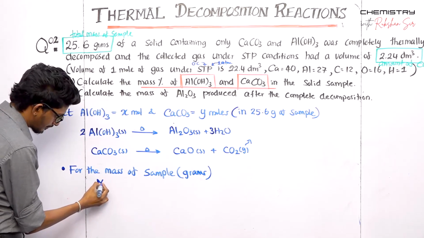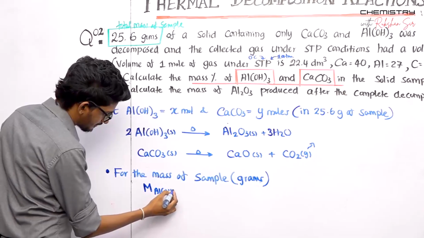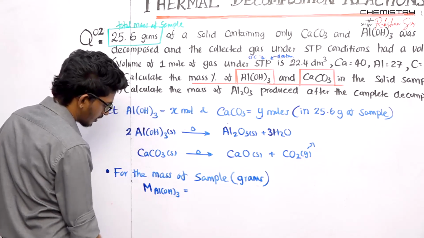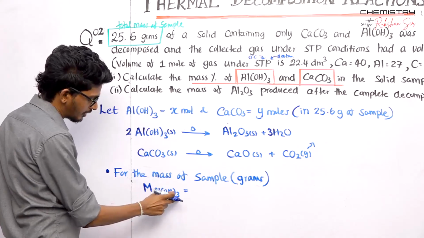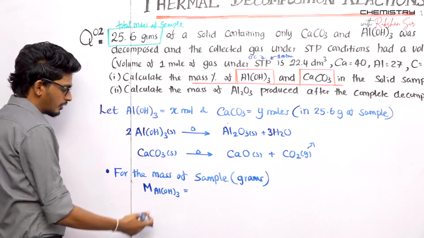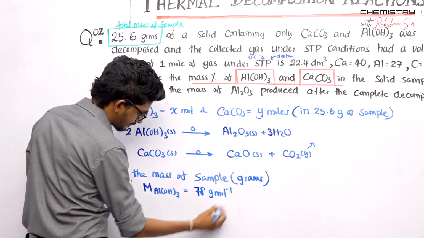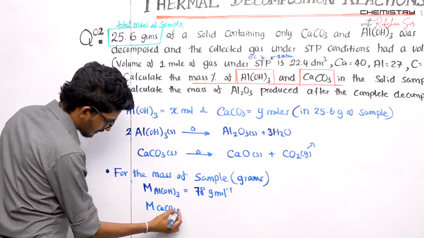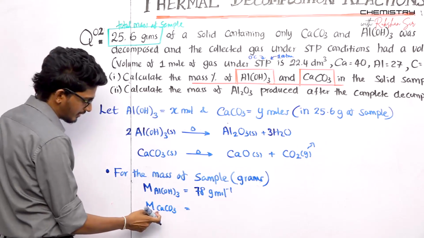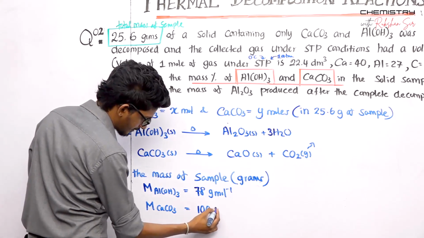The molar mass of aluminum hydroxide: you have 27 plus 16 plus 17 into 3 which is 51, so it is 78. What about the calcium carbonate? Very common value: 40, 12 and 48, so it is 100.